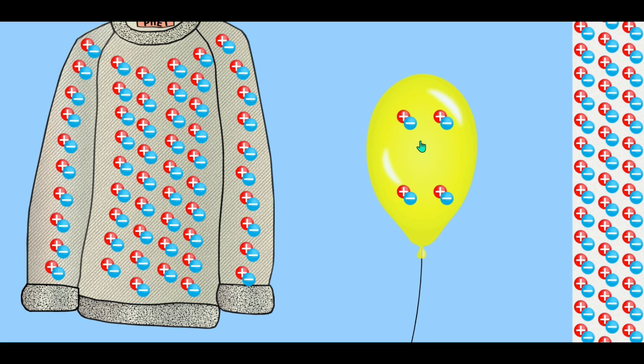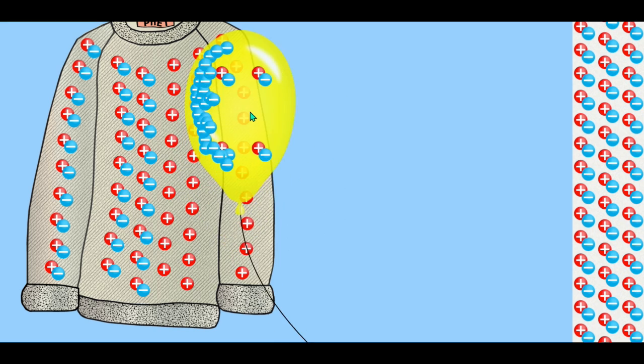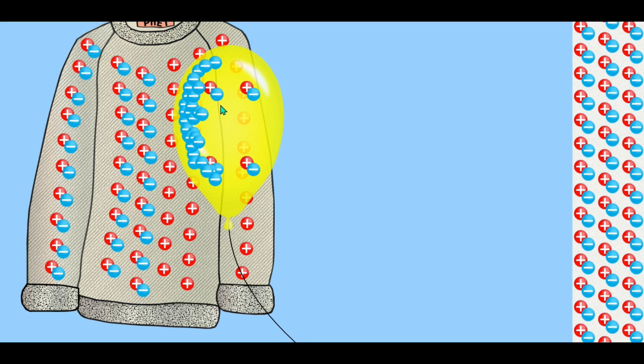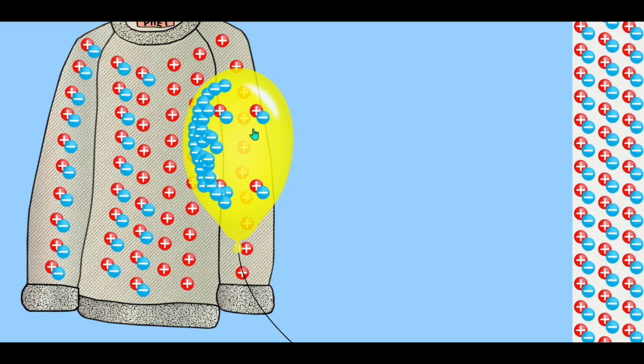if I take this balloon and I rub it to the sweater, okay, you can see that the negative charge from the sweater is transferred to the balloon, right? The balloon is made up of plastic and the sweater is made up of wool.